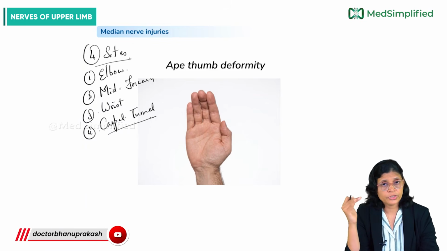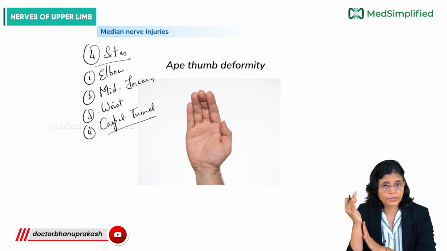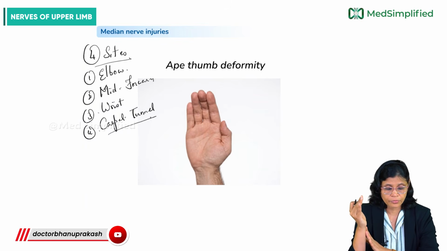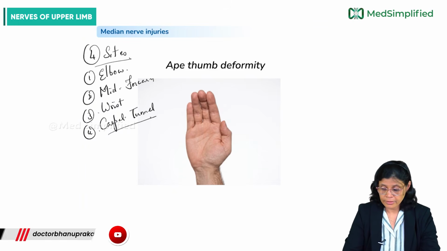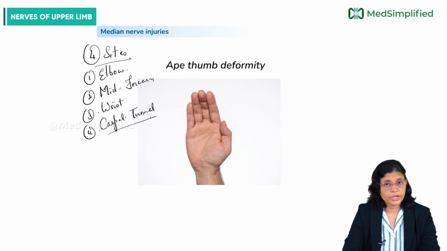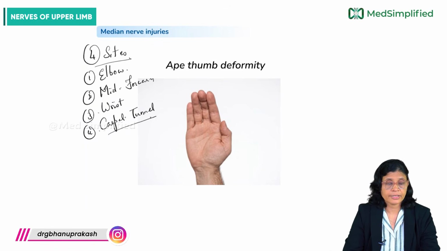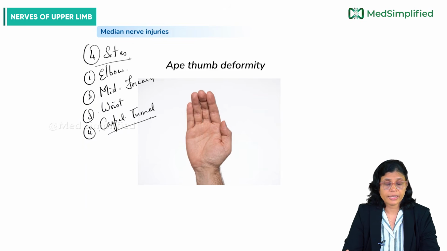So when the nerve is injured here, there is complete loss of these flexors, so flexion is affected. And the pronator teres, which is also part of the flexor compartment and supplied by the median nerve, is affected. Because both the pronator quadratus and the pronator teres are affected, pronation is affected.